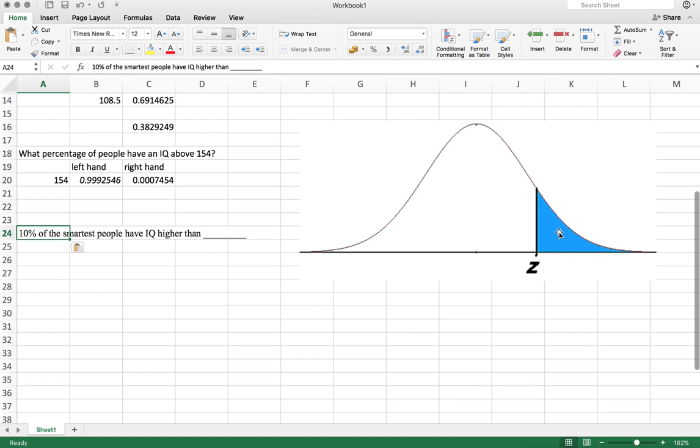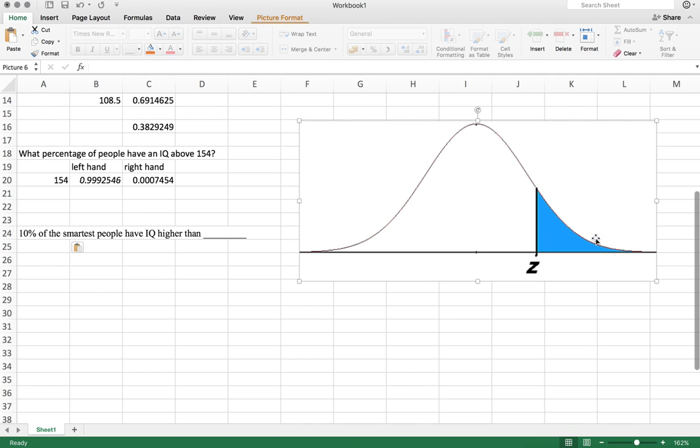But now we don't have a particular value and are seeking the probability; rather, we are given a probability. We know that the blue area equals 0.1 or 10%, and we are looking for the particular value for which this happens.